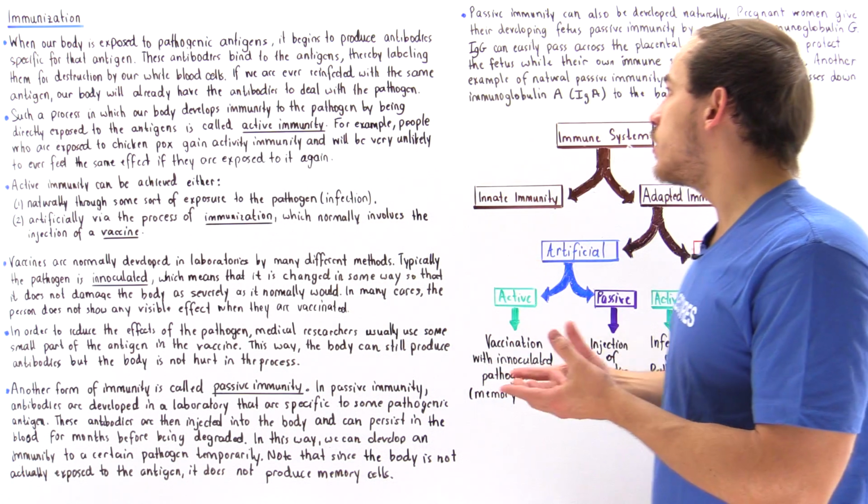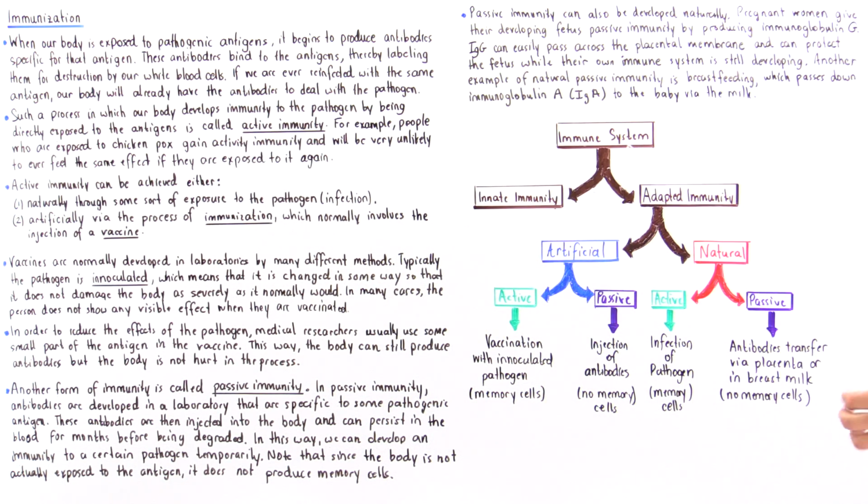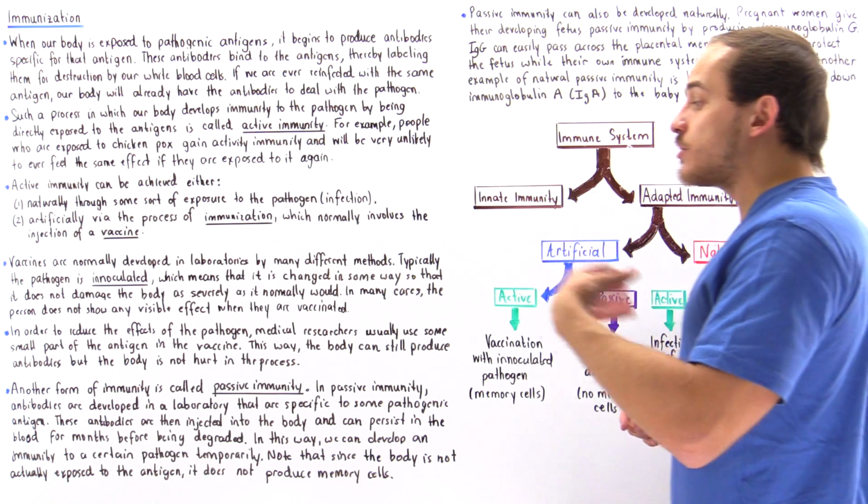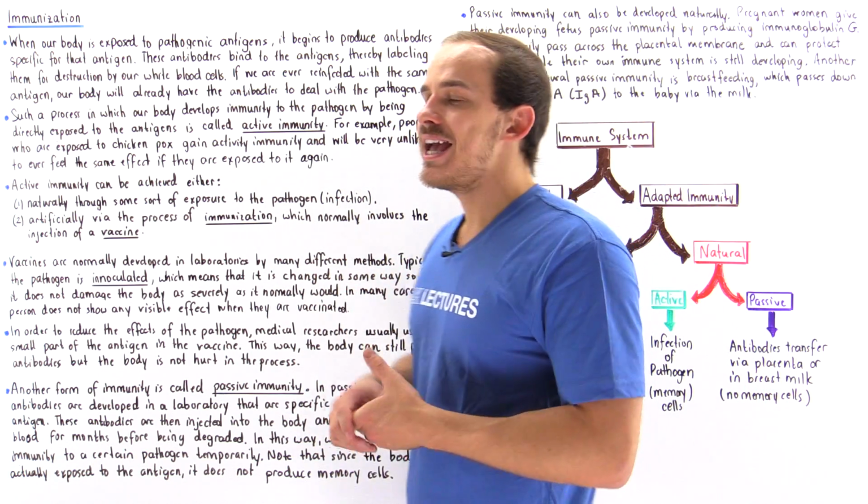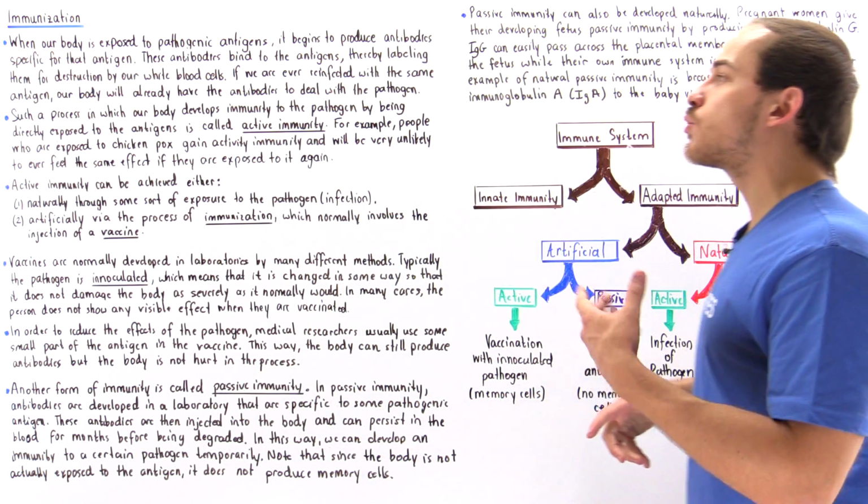Now, another way we pass down or create passive immunity naturally is via the process of breastfeeding.